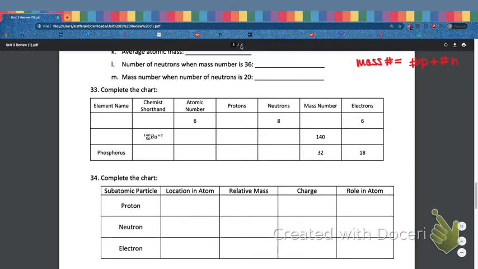If my mass number is 36, and I have 17 protons, then I want to know how many neutrons do I have. And if I solve that, I'm going to get 9, right? No, 19. Can't add.